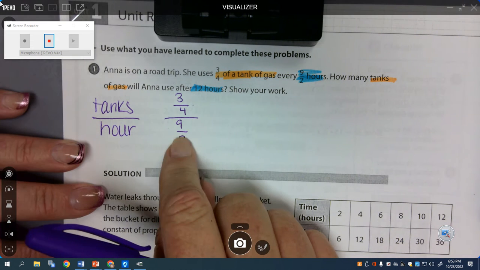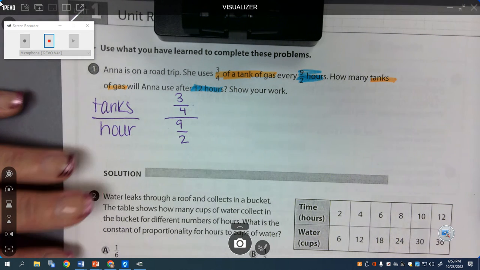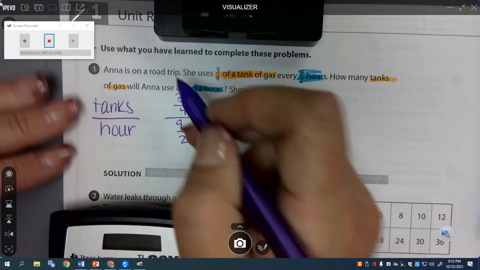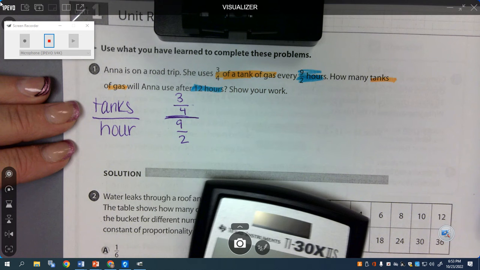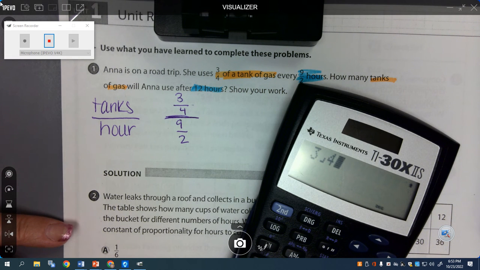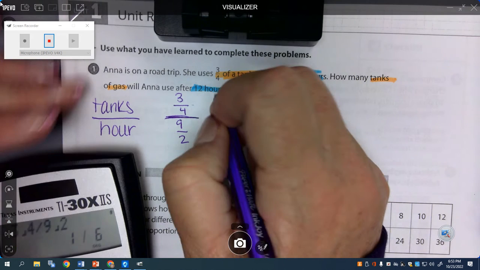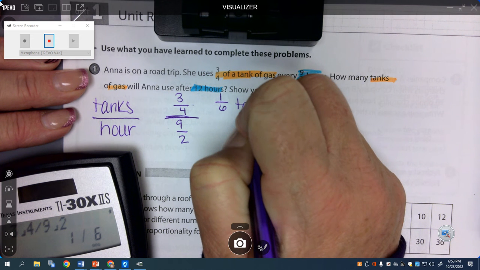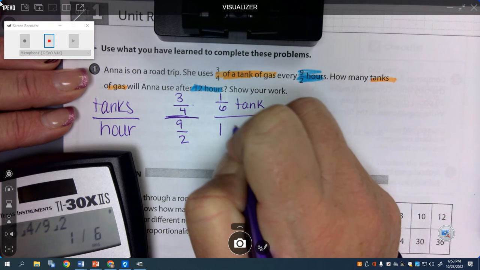Remember, when you have a fraction within a fraction, it is called a complex fraction. To find the unit rate, this operation is division. So we go 3/4 divided by 9/2, and we get 1/6. So she uses 1/6 of a tank of gas for 1 hour.